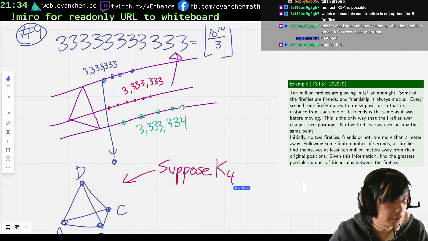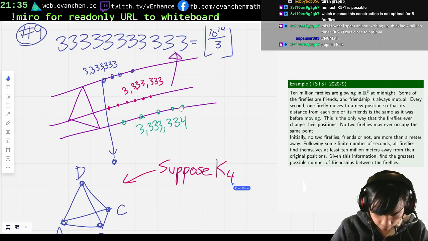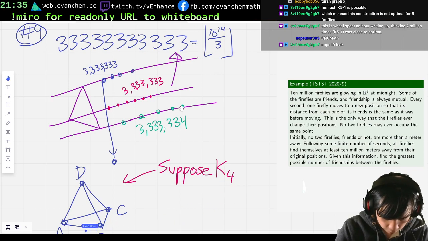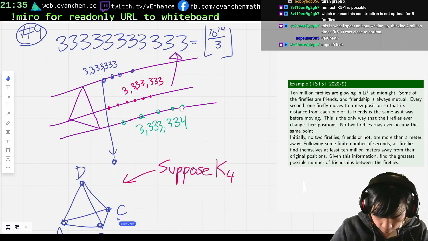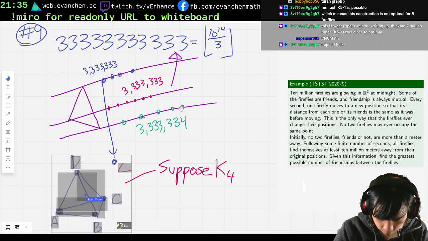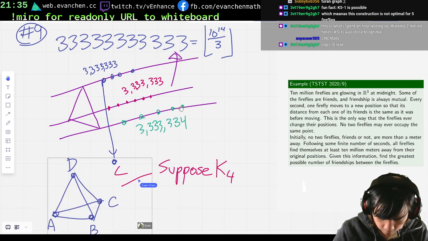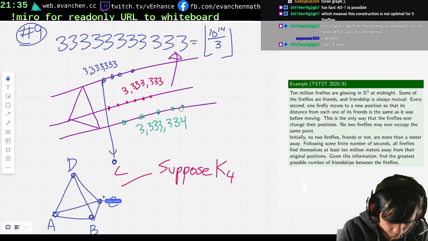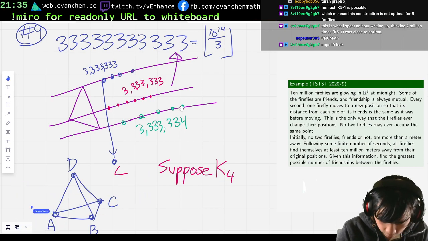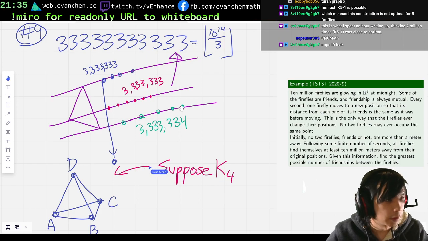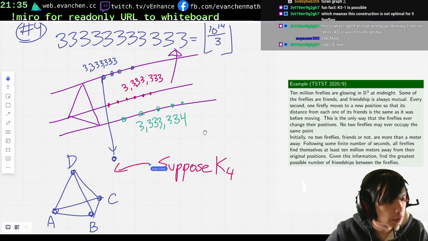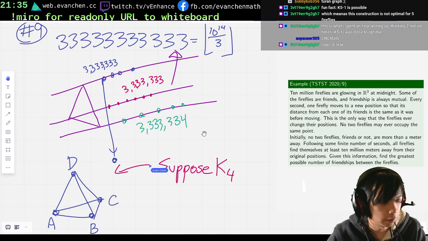Man, I want to move that tetrahedron up just a little bit. Okay, yeah, so suppose there is a K4. Then what can I do with this?